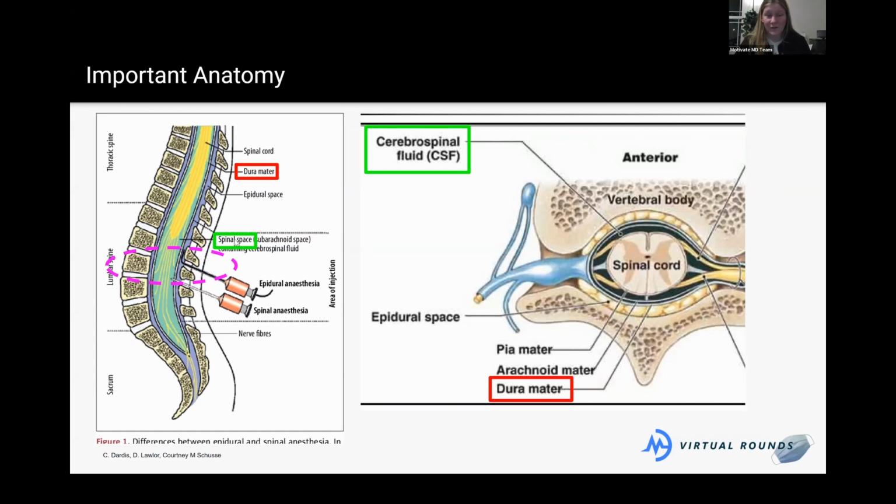Whereas the spinal is going to cross the dura mater, actually puncture it, and go into the spinal or subarachnoid space. All this fluid, all these nerve roots and the actual spinal cord, are going to be in direct contact with it. So it's literally just a matter of going one more step past that membrane and getting it in closer contact with the nerves.